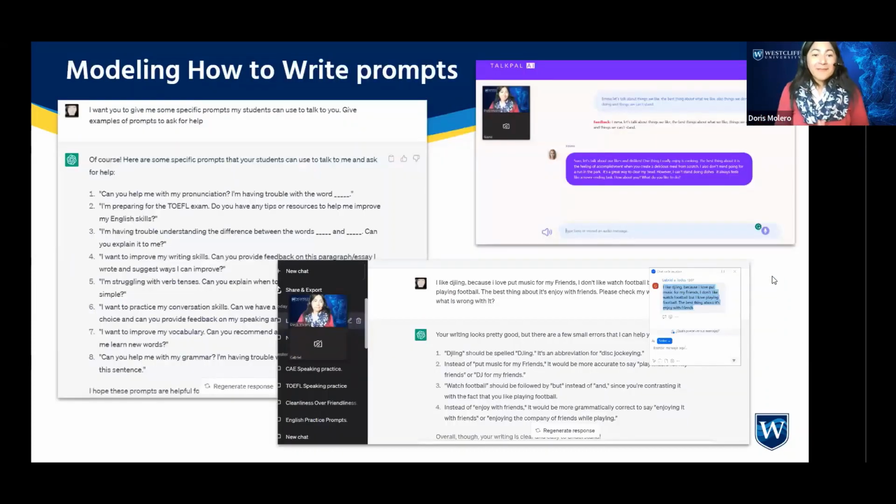Now, this is about our experience in class. So this is what I had been doing. I had been trying to teach students how to write effective prompts to have conversations with ChatGPT. So modeling how to write prompts is what has worked.